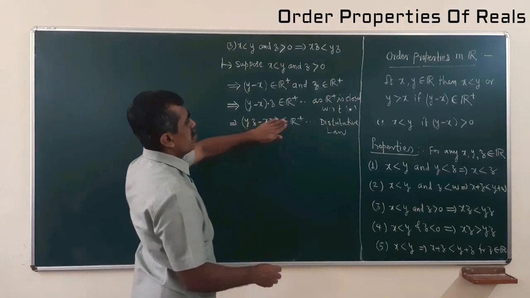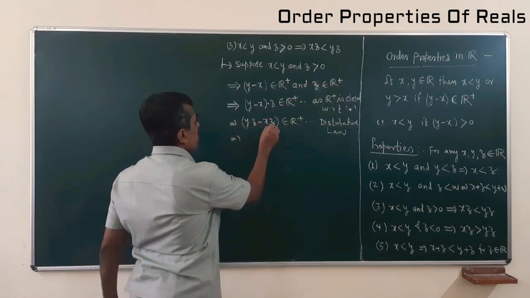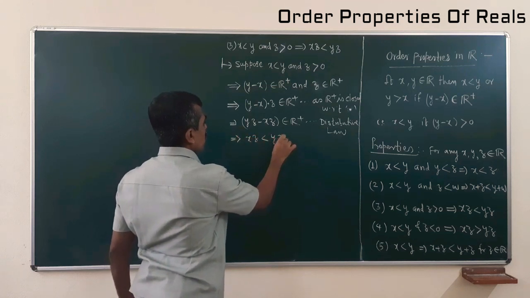Now see, b minus a belongs to R plus means a less than b. So this implies xz less than yz.